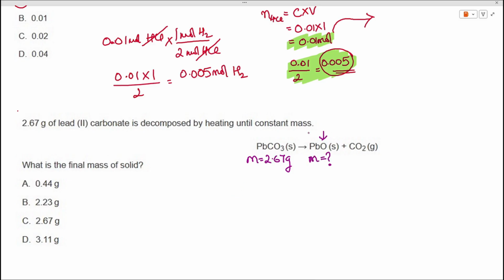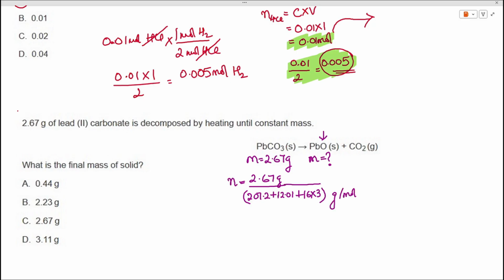So for finding the mass of lead 2 oxide, we first have to find the number of moles of lead 2 carbonate. We'll take the given mass 2.67 grams and divide it by the molar mass of lead carbonate. So the molar mass is 207.2 plus carbon 12.01 plus oxygen 16 times 3, and this is grams per mole.